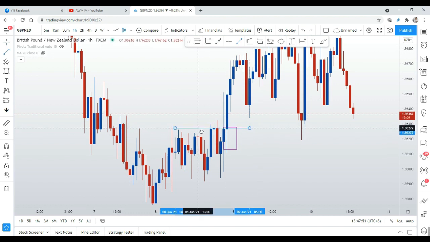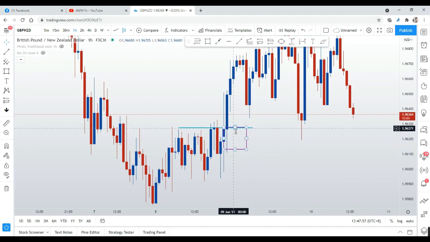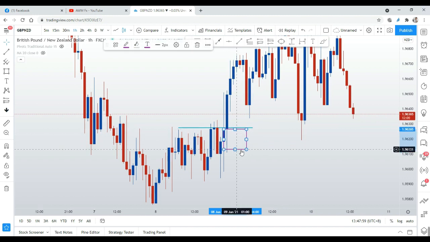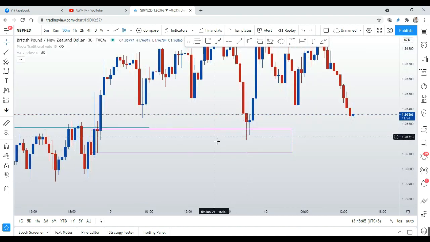For entry, either you can use the lower part of the double maru as your entry, or you might go into a lower time frame and look for a demand zone over here. This will be your entry point.